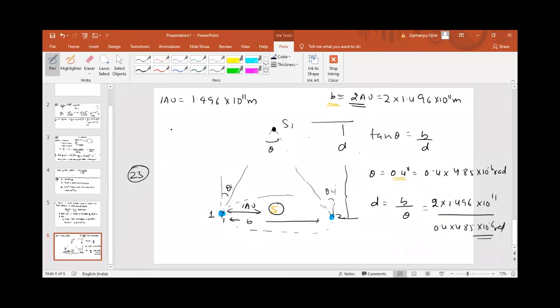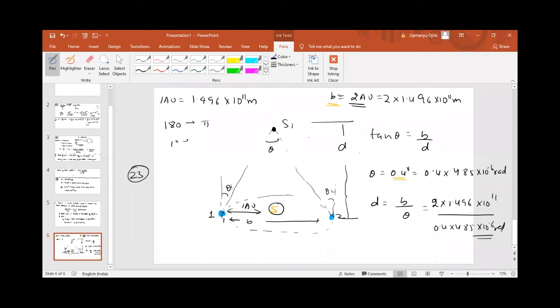So how do you convert 0.4 second? See, what is the value of 1 radian? How can we find the 1 radian value? We know that pi is equal to 180 degrees.